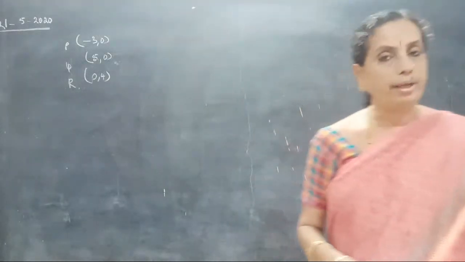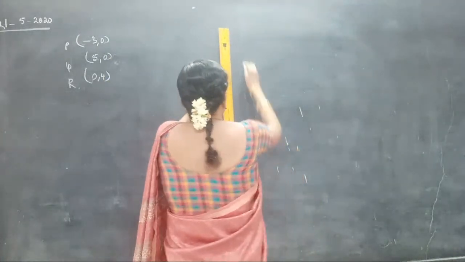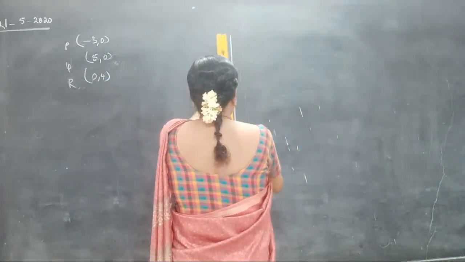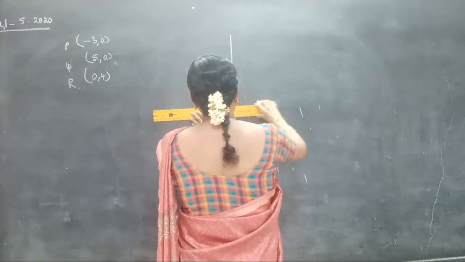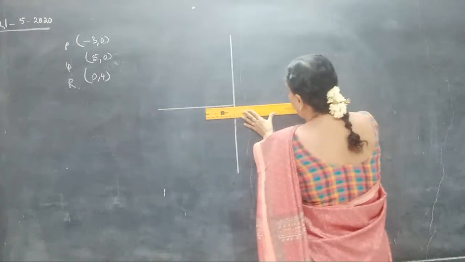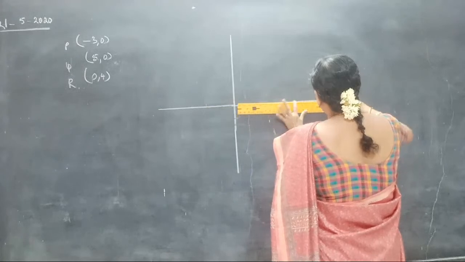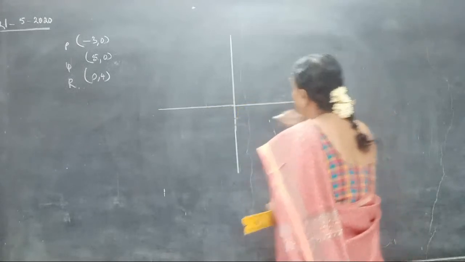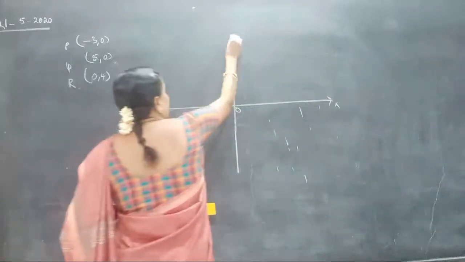Okay, we'll have again the Cartesian plane, with the y-axis and x-axis perpendicular to each other. I hope everybody is doing this in your notebook, either using graph paper or on your notebook itself, whichever is convenient.